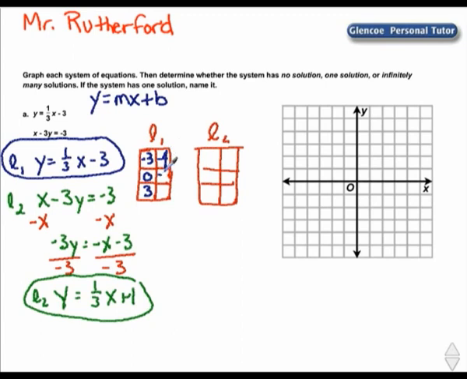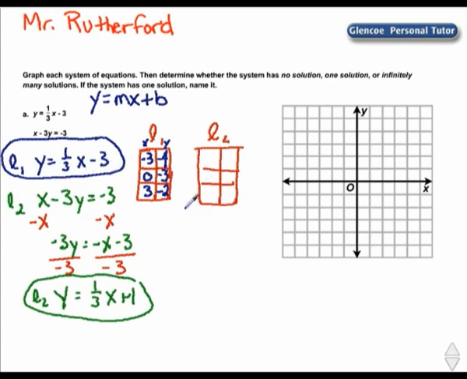If I plug in 0, I'll get -3. And if I plug in 3, I will get -2.